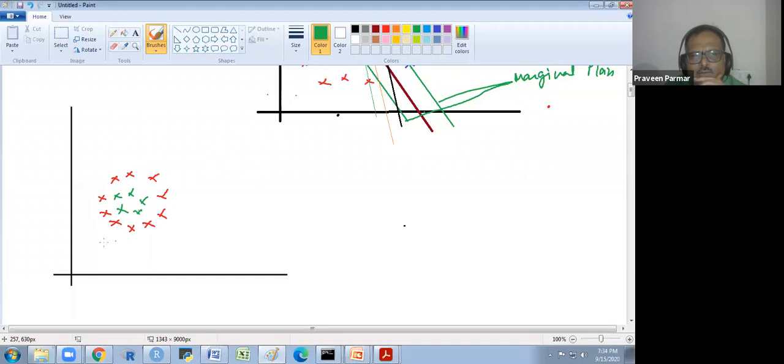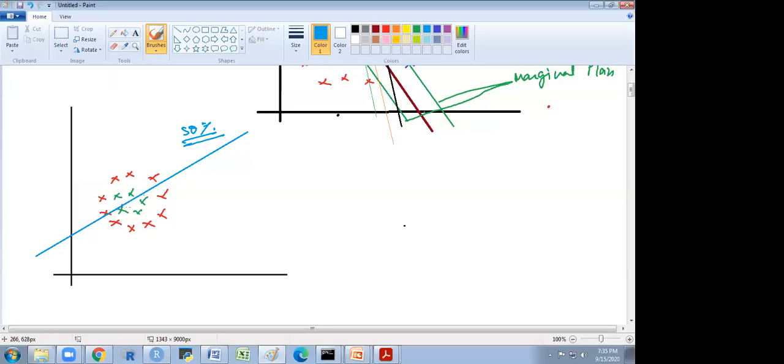Then if you take a hyperplane for this, suppose this hyperplane you are taking, you are getting some errors, some positives and some negatives on each side. So I think there is a 50% or whatever chance accuracy your model will provide. Does that make sense to everyone?